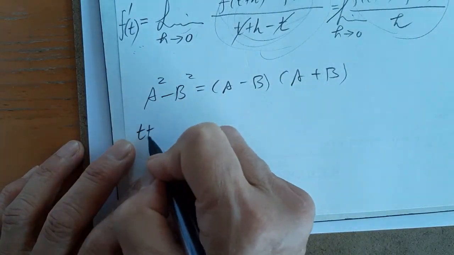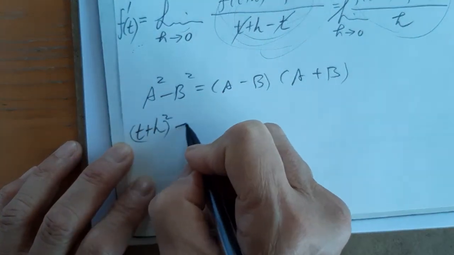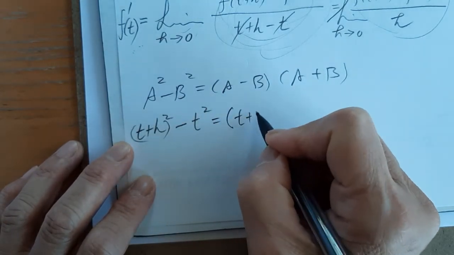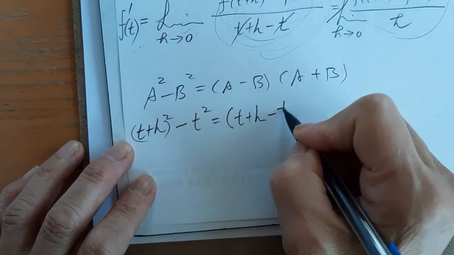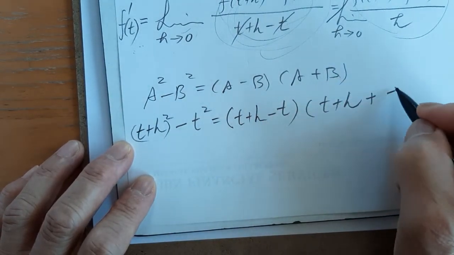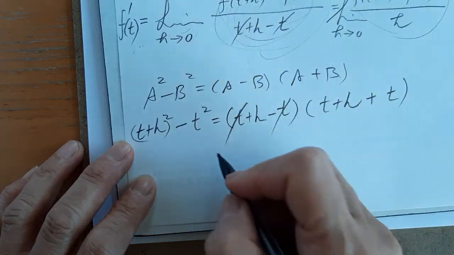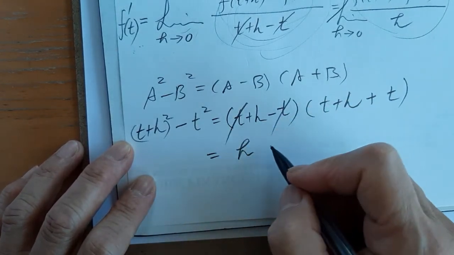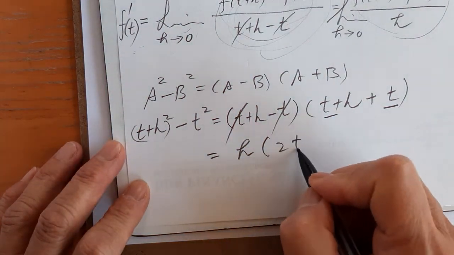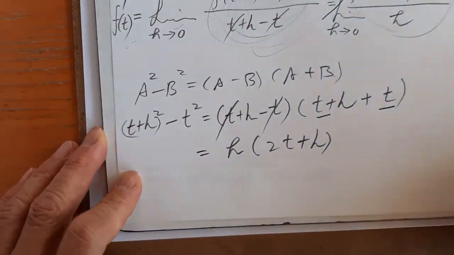Here a is t plus h and b is t. T minus t is 0, so we get h, and t plus t is 2t plus h.